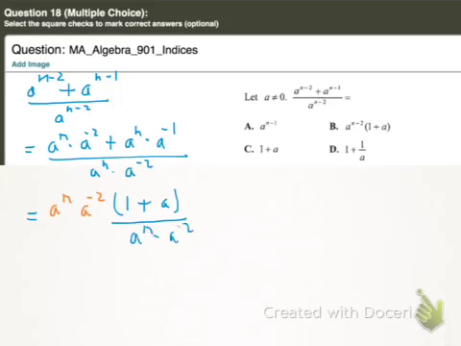Now at this point we can always check and make sure that we are not making any mistake. If you multiply a to the n and a to the power minus 2 into the bracket, you should get the same term as above. Now we see that a to the n and a to the minus 2 can actually cancel each other out. And that leaves me with 1 plus a, which is answer C.